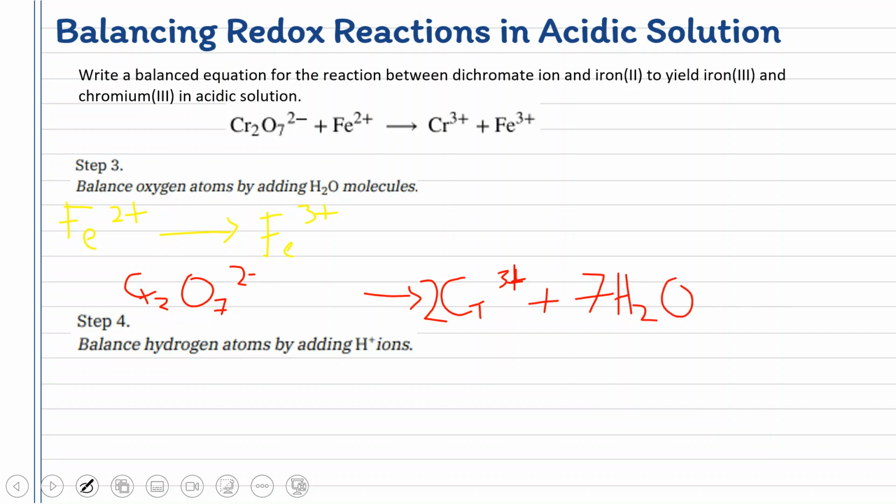The reason is that this 7 is affecting the oxygen. So now I have 7 oxygen on this side, balanced with the 7 water molecules. So this is now balanced. That's what we're trying to achieve here, and now we're good.